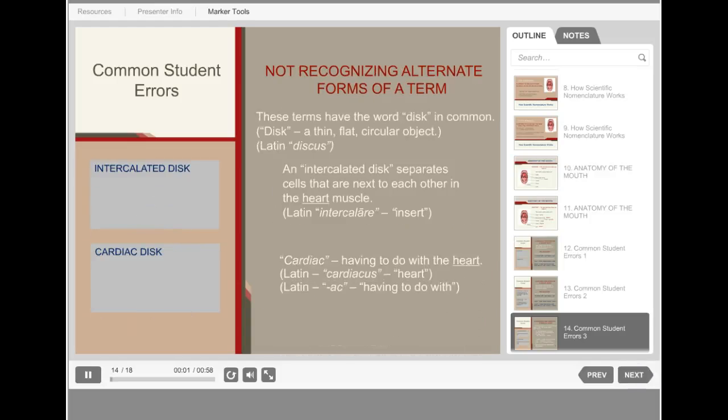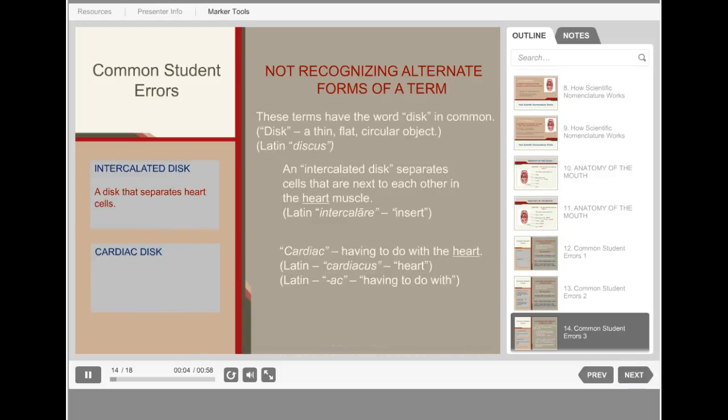Another common student error is failure to recognize alternate forms of a term. Intercalated disc versus cardiac disc. These two terms have the word disc in common. A disc is a thin, flat, circular object, from Latin discus.